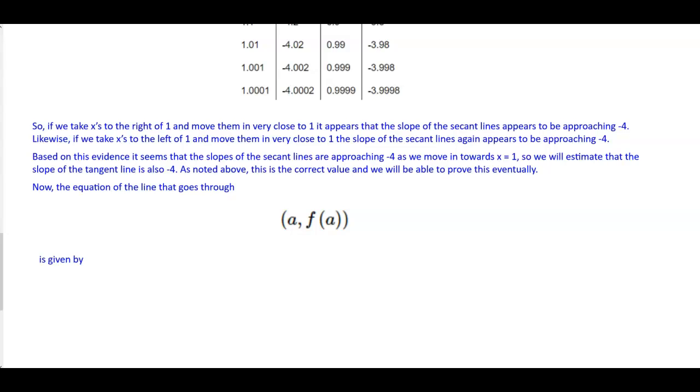We're using the point-slope form. Remember, that's y minus y1 equals m times x minus x1. In this case, we're using the point A, so this becomes y minus f(a) equals m times x minus a.